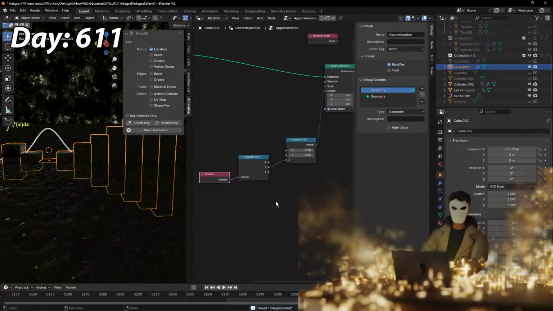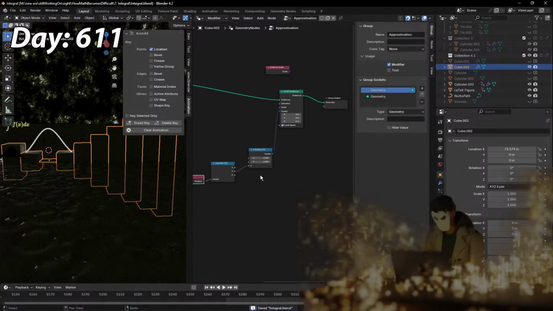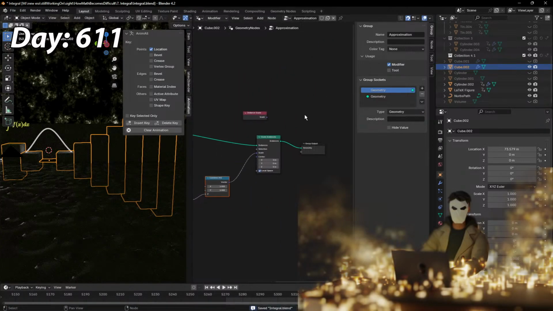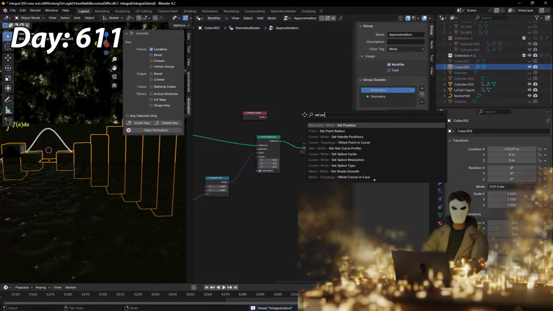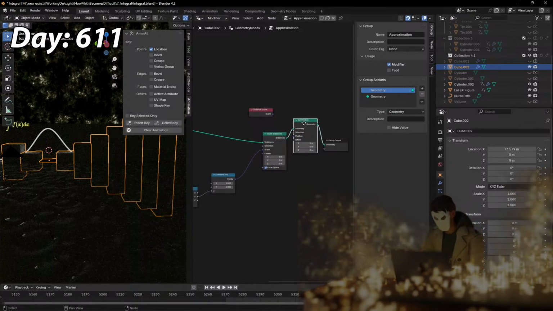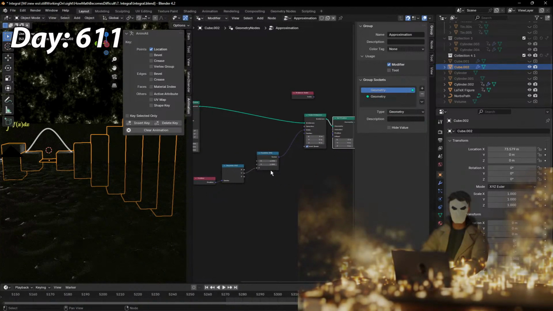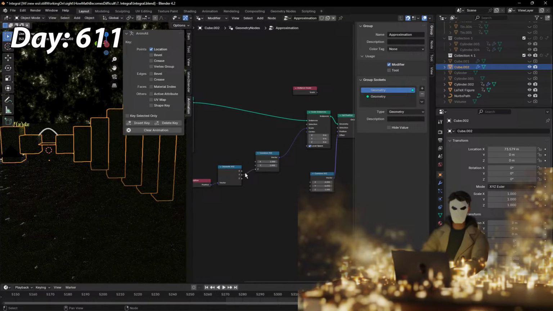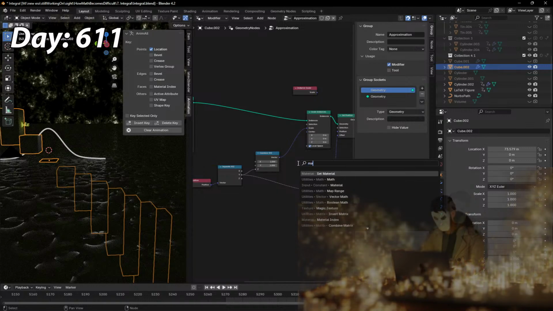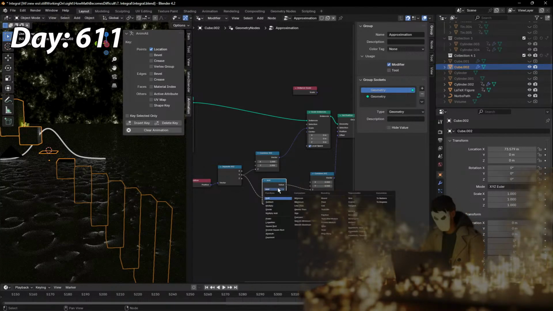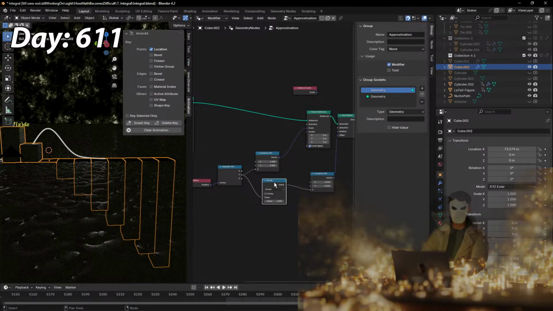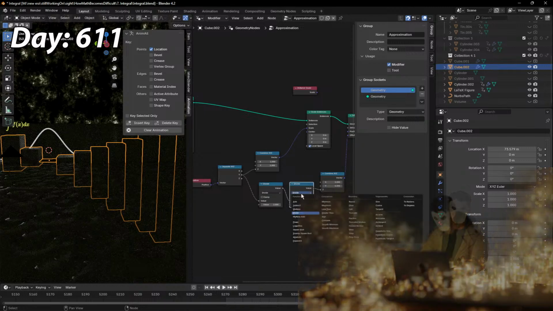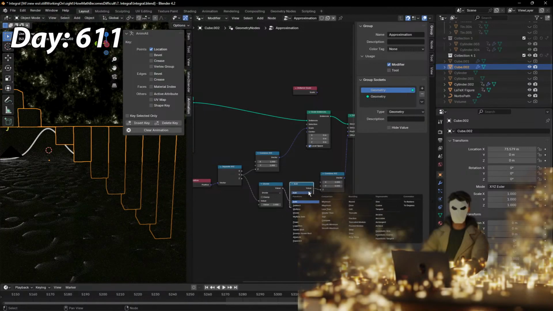Now we want to change it up so that we are scaling it and then we're moving it up. So set position and then offset it by the exact same thing, except this time with 0, 0, and then math divide by 2 and then absolute value.